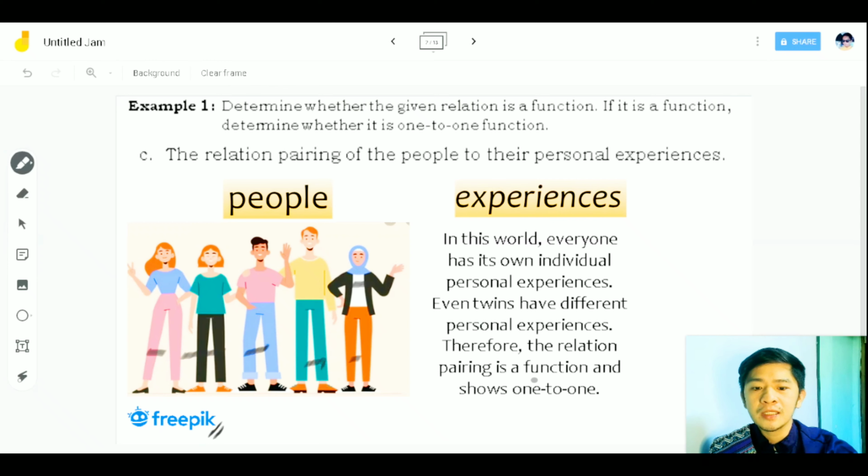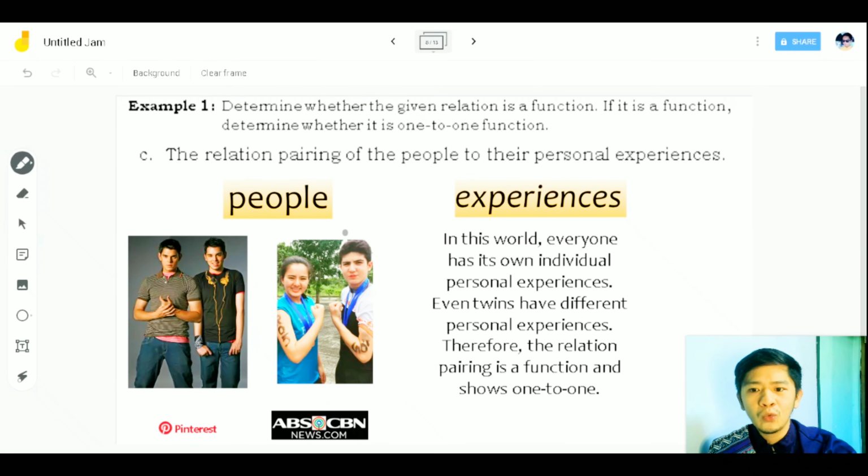Therefore, the relation pairing is a function and shows one-to-one. Dahil siya ay kaiba sa experience nung iba. Okay? So, ganun yung sinasabi sa letter C. Kahit pa ito ay twin, for example, so sila, si Richard and si Raymond ay magkaiba pa rin ng kanilang experiences sa buhay.